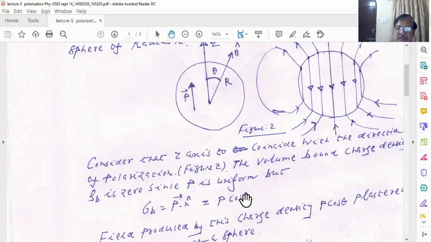As such, we can say that this charge is plastered over the surface of the sphere, and because of this, it produces the electric field. The field is produced by the charge density P cos theta, the surface bound charge density plastered over the surface of the sphere.